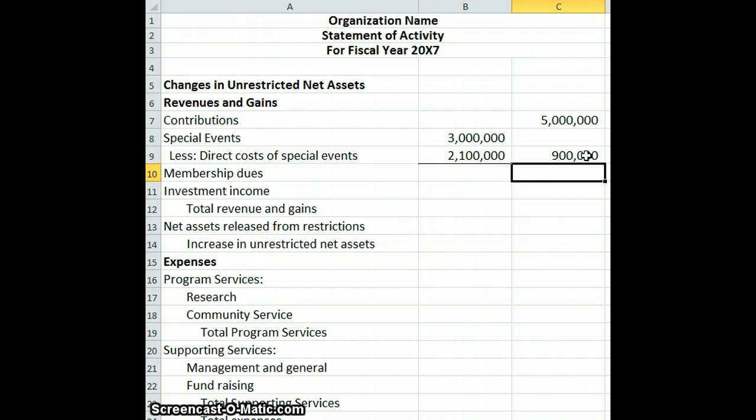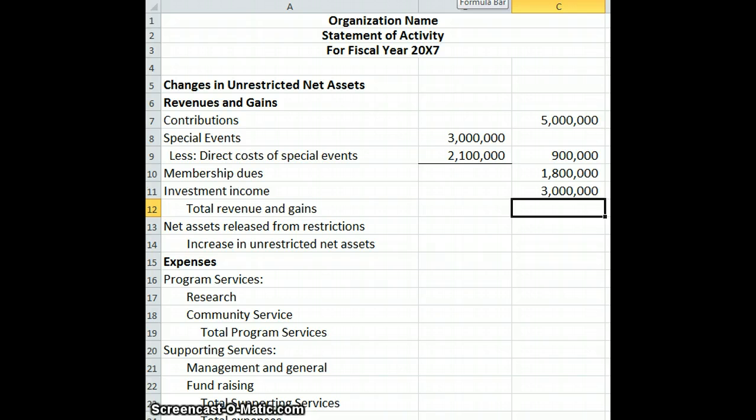Next, we're going to have our membership dues. They're not contributions, so we're going to list those on a separate line. Next comes our investment income, and we had unrestricted investment income from the permanent endowments of $3 million. We're not going to put that in the restricted fund, because with endowments oftentimes the principal is what's restricted.